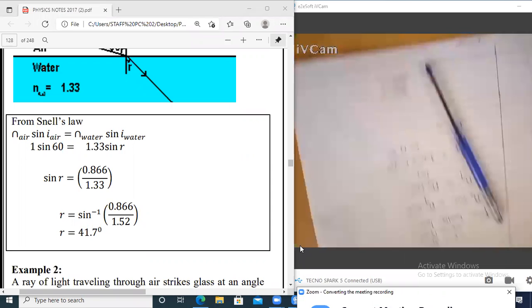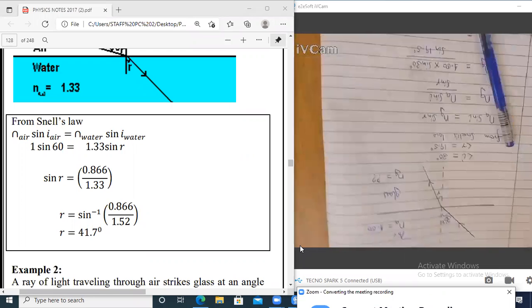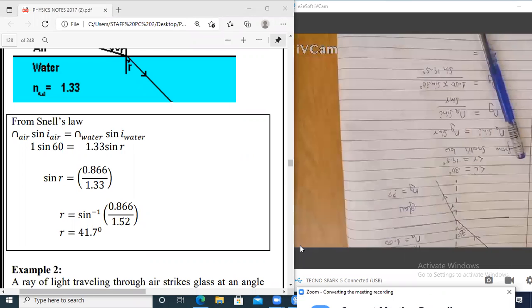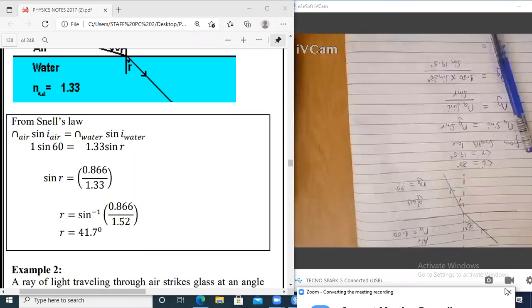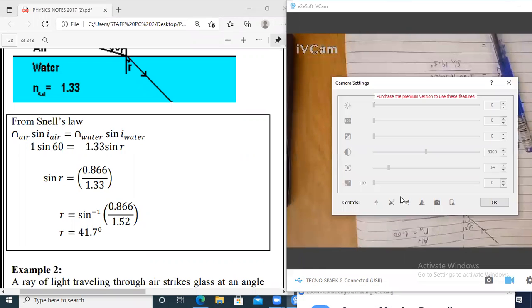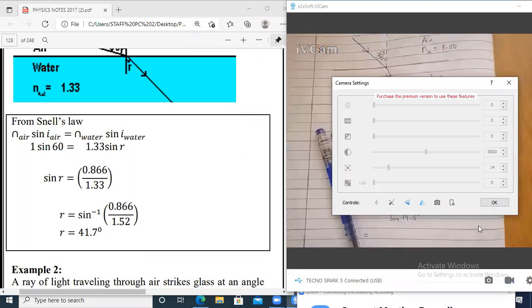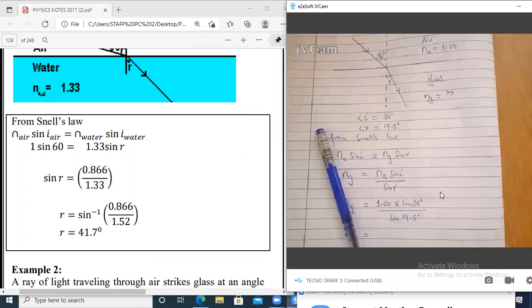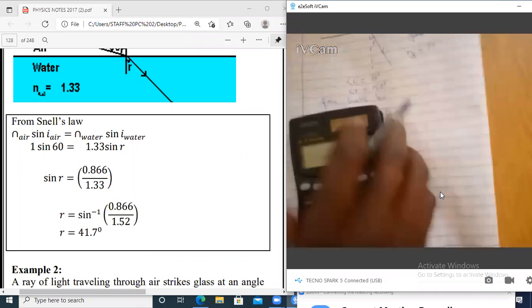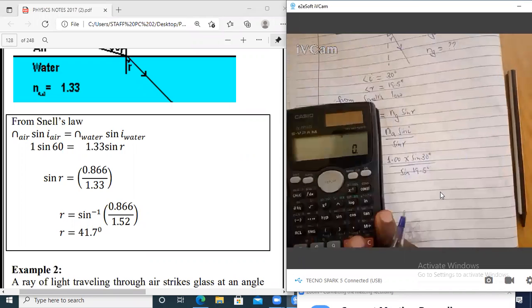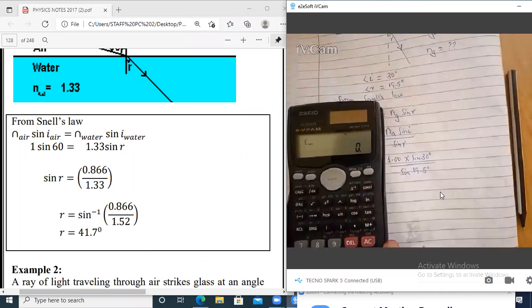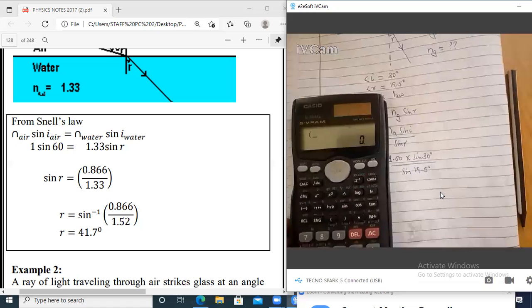So can you press that and get the answer, please? You put everything in your calculator: open a bracket, 1.00 times sine of 30, close that, divide by sine of 19.5.